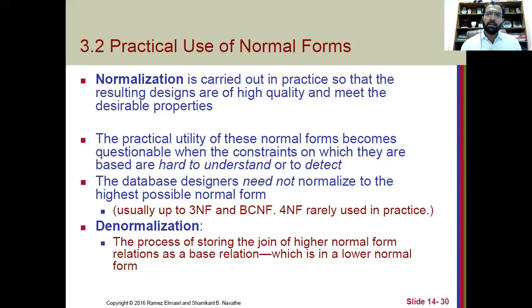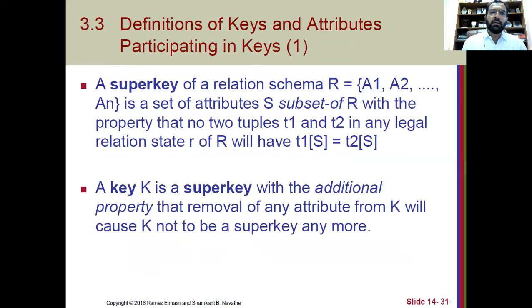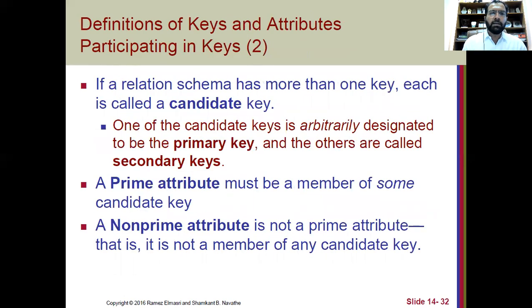But if we combine or join all those relations together, we can have the base relation. That is the concept of denormalization. We already have the definition of a key and a super key in our previous lecture, so I skip over it here.